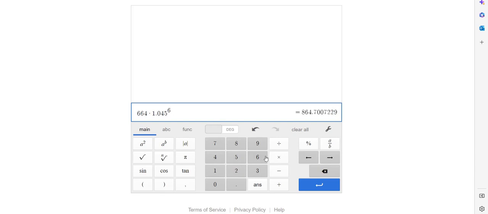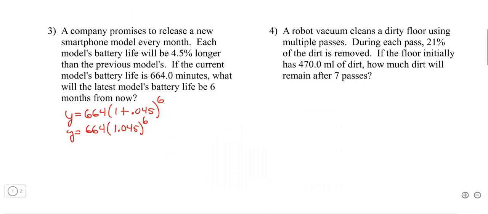And that gives us 864.7007229. So let's just go ahead and round that to the nearest tenth. So that's going to be 864.7 minutes. And that's going to be the battery life of the new phone 6 months from now.